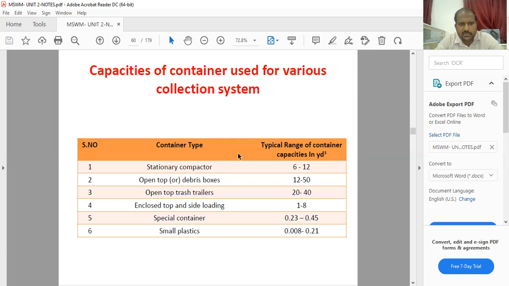The fourth is enclosed top and side loading, at 1 to 8. The fifth is a special container, at 0.23 to 0.45, and the final one is small plastic, at 0.08 to 0.21.